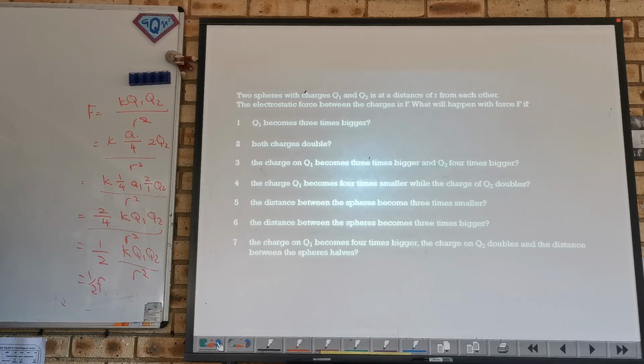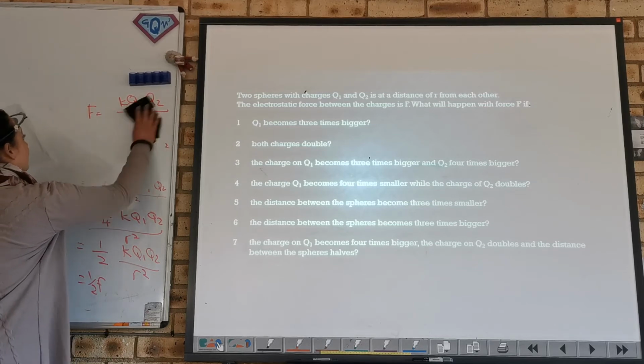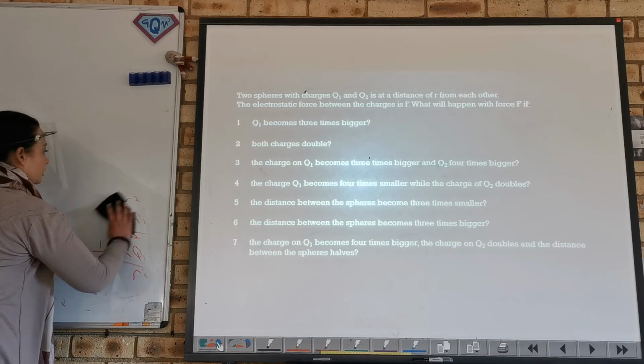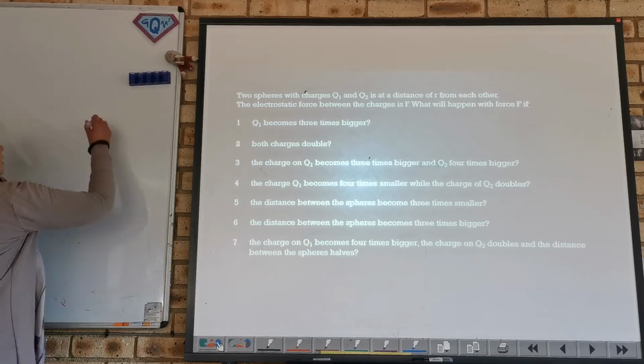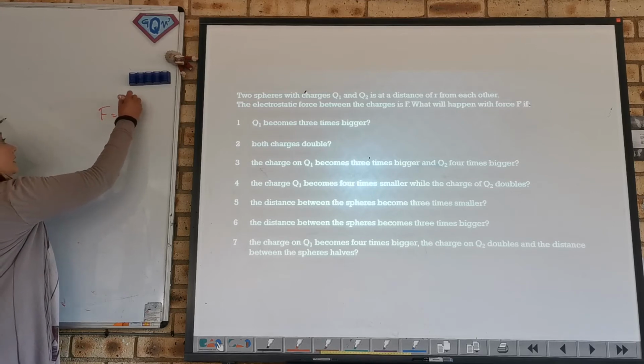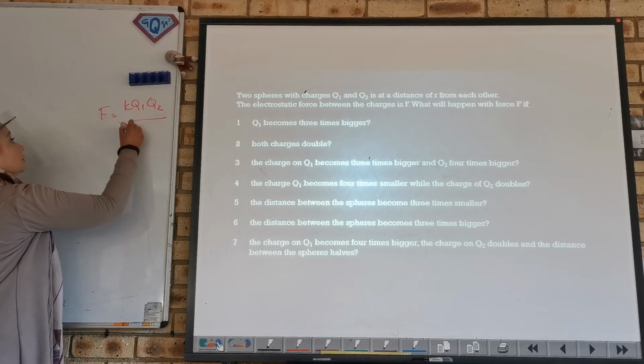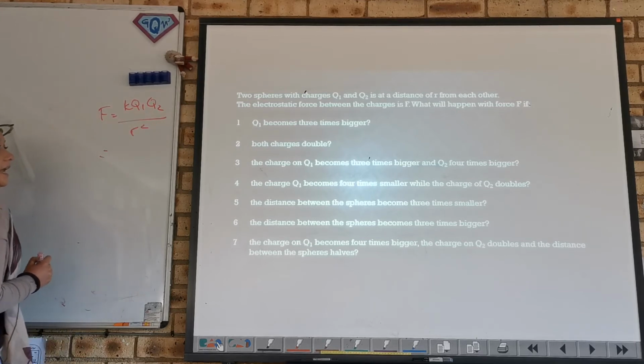Good. Number 5 says the distance between the spheres becomes 3 times smaller. So now, again, I'm going to start off with my equation, but now the maths is a little bit more tricky. So F equals kQ1Q2 over r squared, and the distance between the spheres is now 3 times smaller.